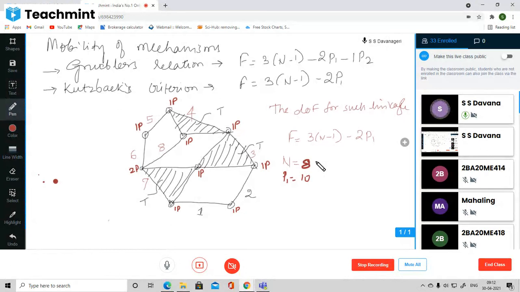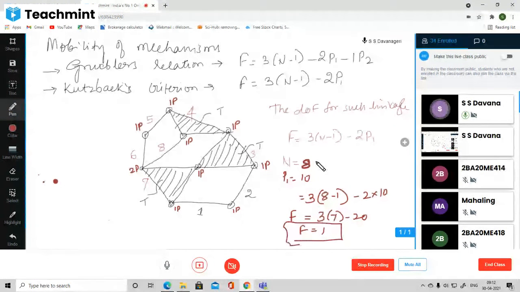So let us substitute: 3 into 8 minus 1, minus 2 into 10. So now find out how many degrees of freedom you got. Right? You got 1 degree of freedom.